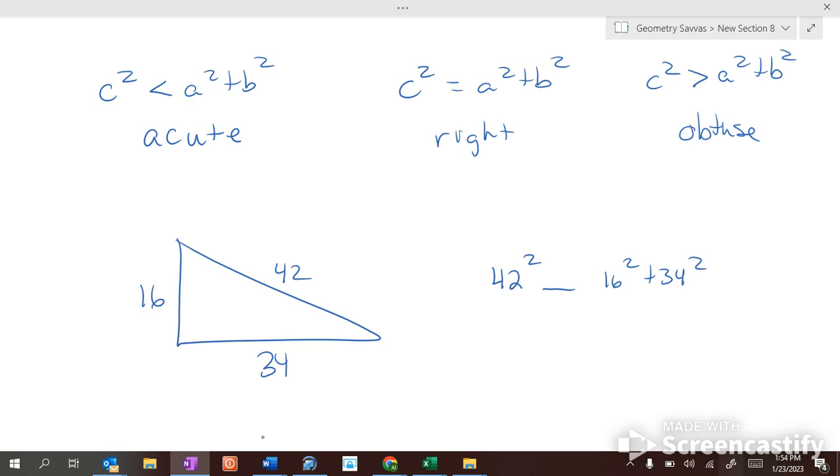What's 42 squared? 1,764. 16 squared. 34 squared. 1,156.